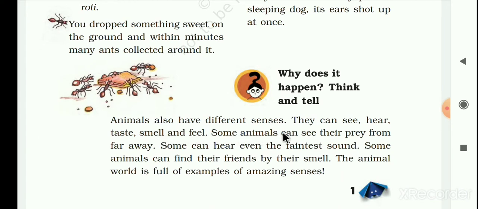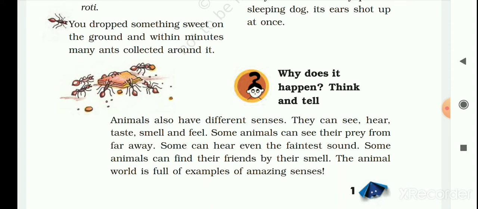Some animals can see their prey from far away, like the eagle. Some can hear even the faintest sound, like the dog. And some animals can find their friends by their smell, like ants. Do you know a special thing about ants? Have you observed that ants walk in a queue, right?